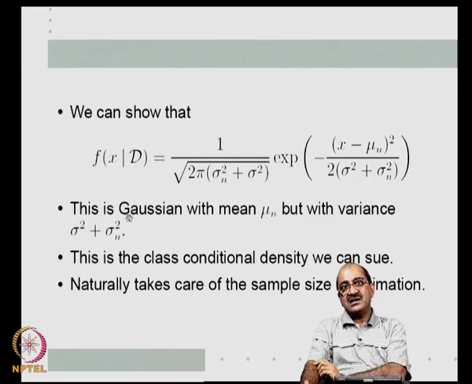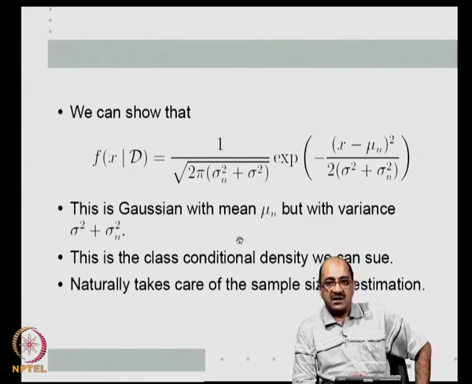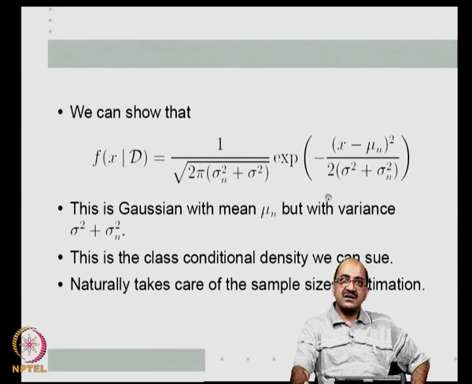I increase the variance of the class conditional density model I use to account for my current level of uncertainty in my estimate. So, this is another very interesting thing about Bayesian estimation. It does take care of the sample size problem.